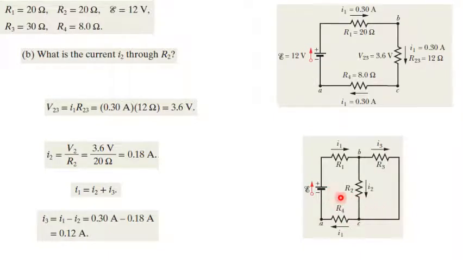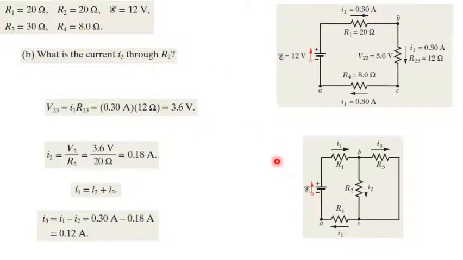To find the current I2, we have to find the potential difference between the points B and C, which we have already calculated, V23, the voltage between B and C, 3.6 volts, over the resistance R2. R2 is 20 ohms.